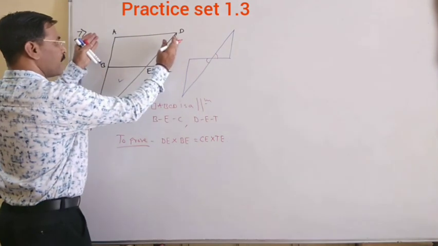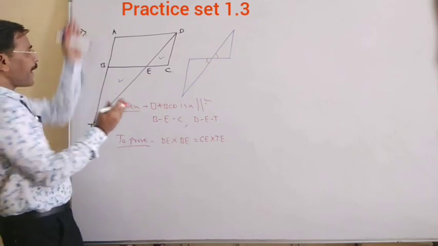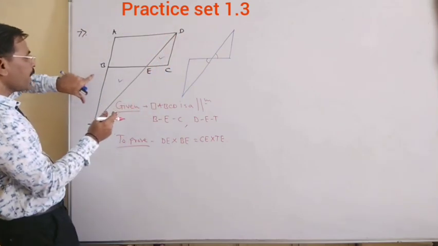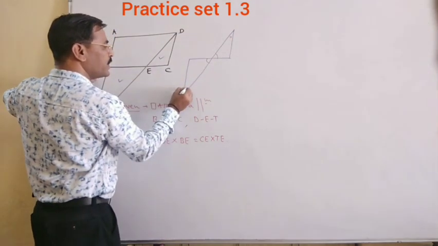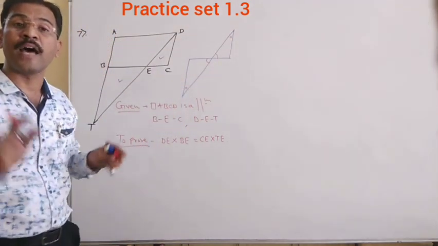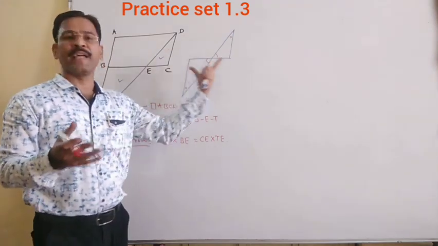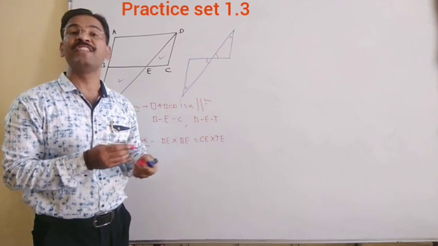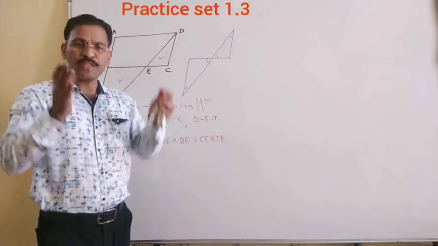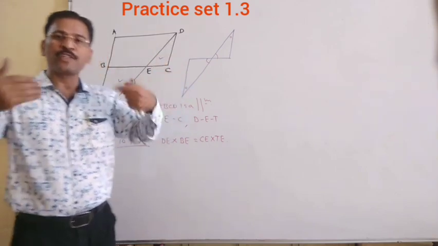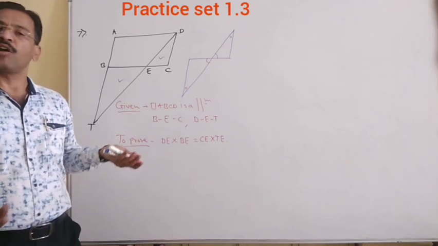In parallel, AB is parallel to DC, means we can say AT is parallel to DC, or you may take BT parallel to DC. For that reason, we can take these two alternate angles are congruent. That is enough to say the two triangles are similar by which test? AA test. Understand? This is the procedure. First of all, try to take all the information and mention it in the figure, and then it is very easy to solve the example.